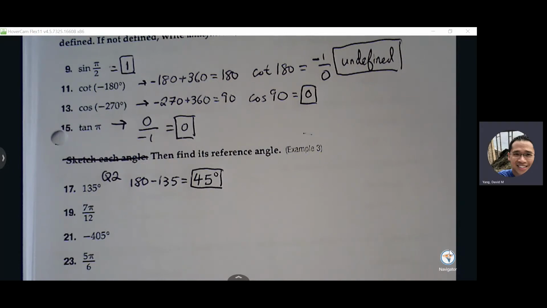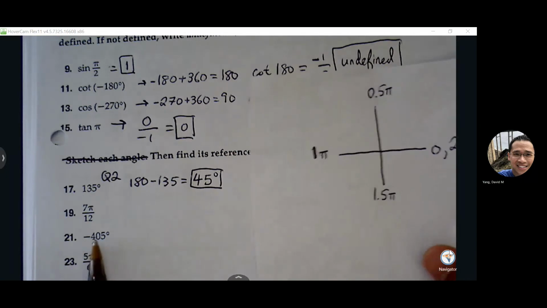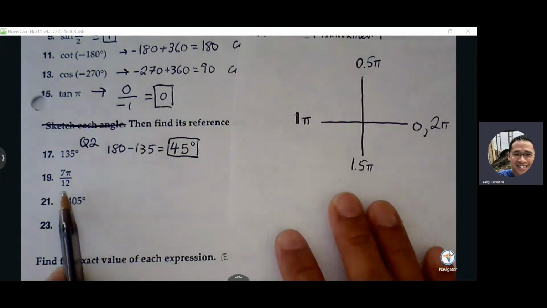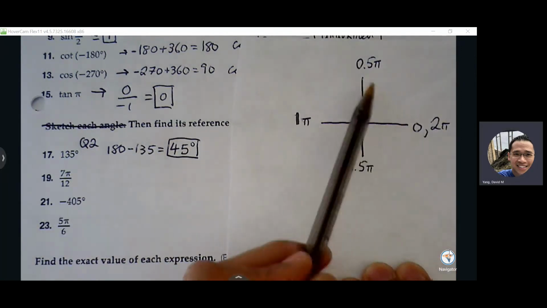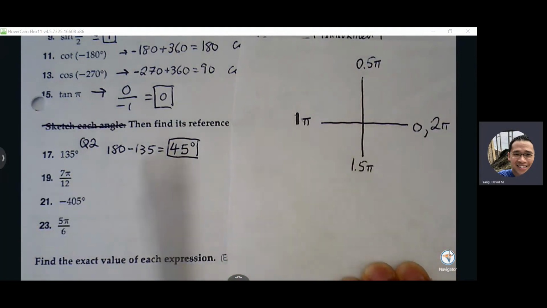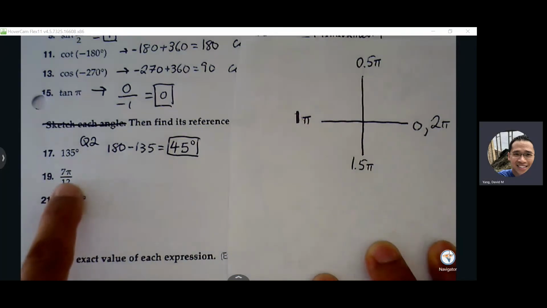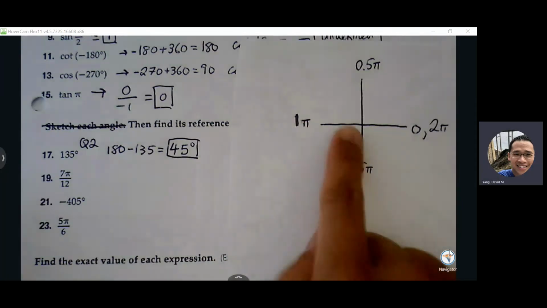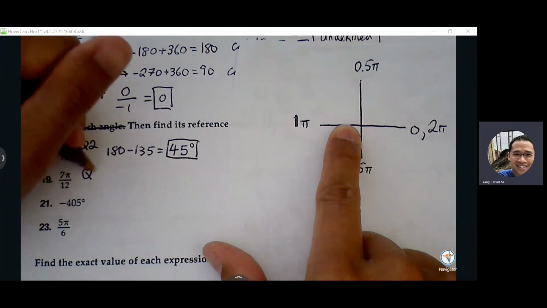Okay, next up, 7 pi over 12. Try this without a calculator, okay? Is 7/12 between 0 and 0.5 or between 0.5 and 1? Because 6 over 12 is 1/2, right? So 7 over 12 must be a little bit more than 1/2. So we know we're dealing with the second quadrant.